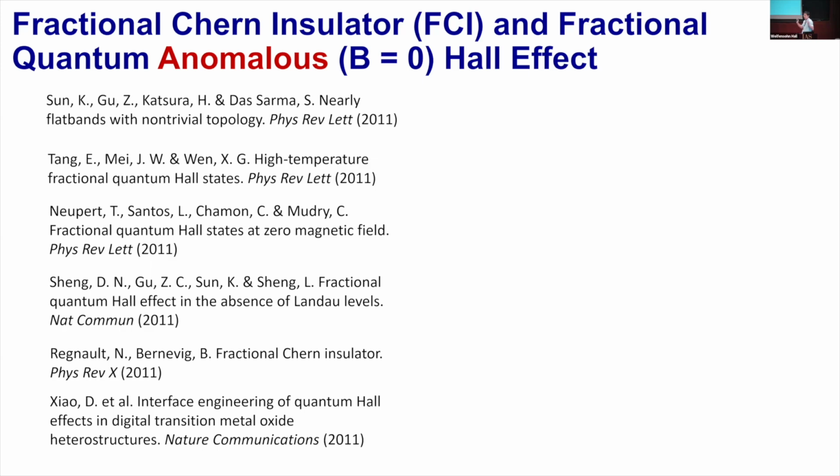Without talking about any specific materials, theorists were just thinking about, is this possible at all? To realize a fractional Chern insulator. In principle, the fractional Chern insulator should give you a fractional quantum anomalous Hall effect at zero magnetic field. They were thinking about, okay, is this possible? What does it take to make such a state or effect?